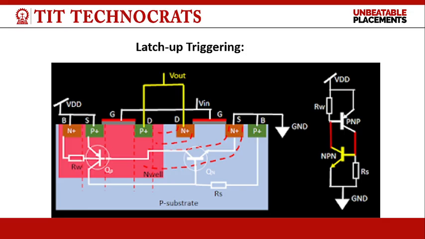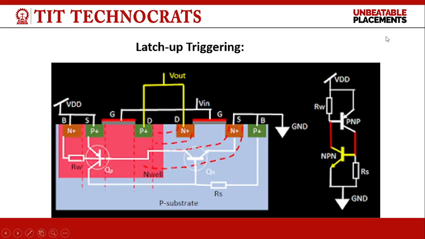In a similar manner, a parasitic NPN BJT is formed near the NMOS device, whose emitter is the source of the NMOS, as shown in this figure, the base is the P substrate and the collector is the NWell.